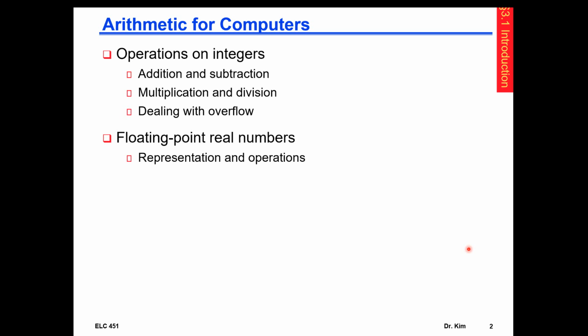We're going to go through the format and the representation and operations of it, including the implementation of arithmetic for floating point, which is much more complex than the implementation for integers. For example, you know that some processors may have only integer arithmetic, and some may have a floating point unit if you're dealing with embedded processors.